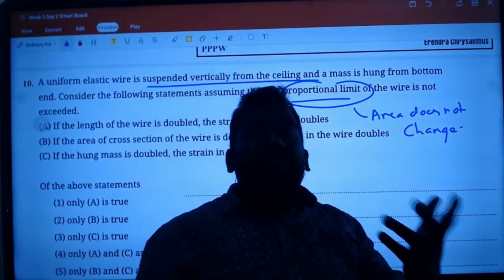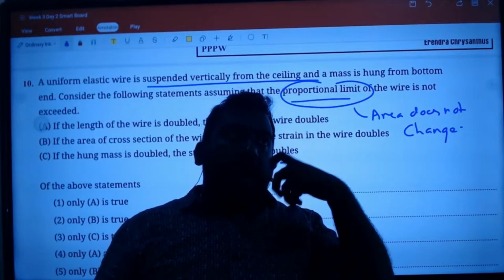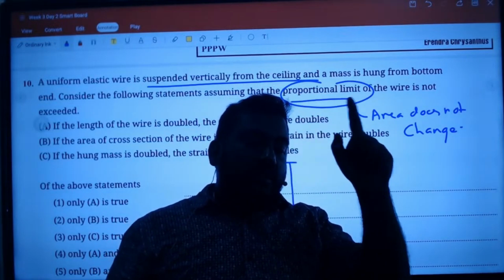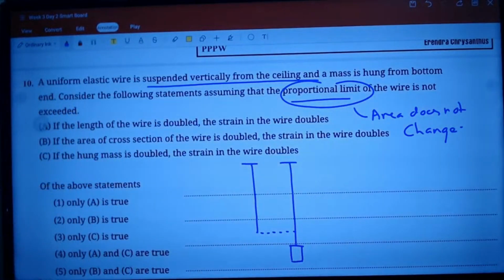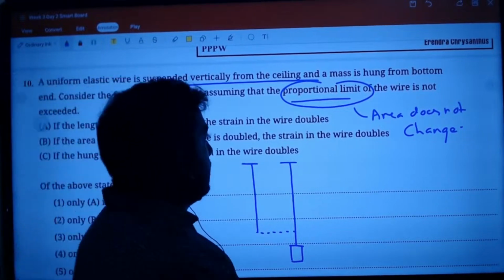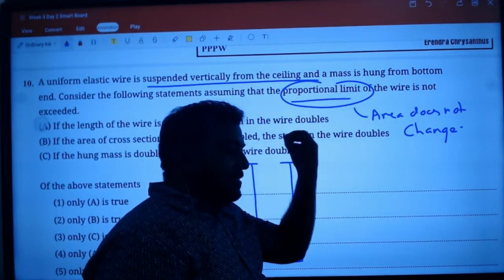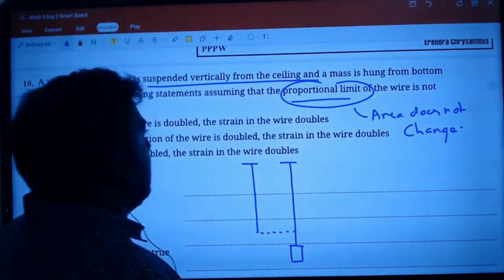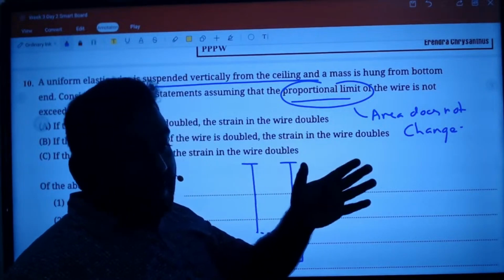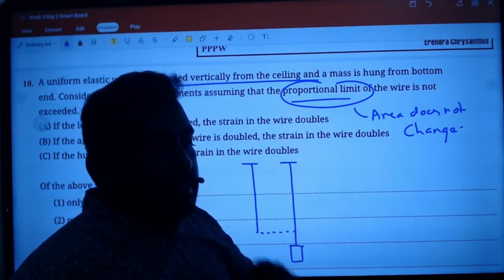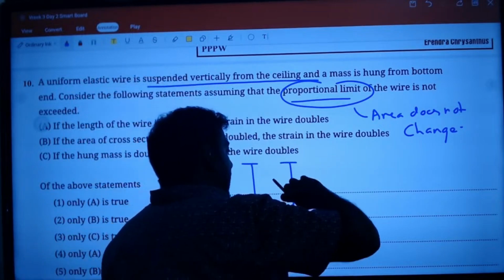Remember, when a metal deforms, there is an elastic deformation region as well as a plastic deformation region. Only in plastic deformation will the cross-sectional area change. Plastic here means the permanent deformation region.